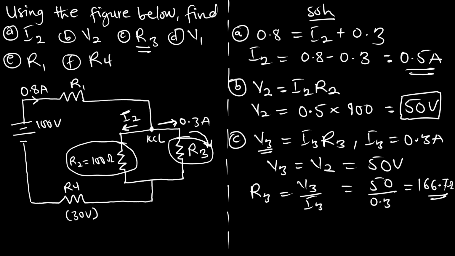So we have the third part. Now the D, which says we should find V1, the voltage across resistor 1. So let's look at the analysis. Pay attention here. What can we say? We know the total voltage coming from the source, which is 100 volts, right?